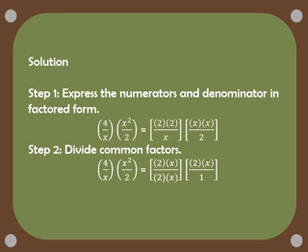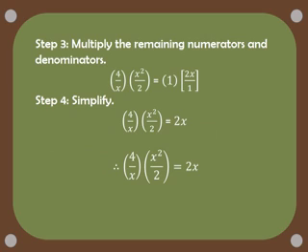And we need to divide the common factors. So our common factors are 2 and x. And so our remaining factors would be 2 and x in the numerators and 1 in the denominator. So we need to multiply the remaining numerators and denominators, which gives 2x over 1. So by simplifying, we get 2x as the product of 4 over x multiplied by x squared over 2.